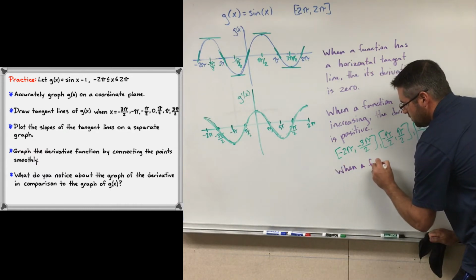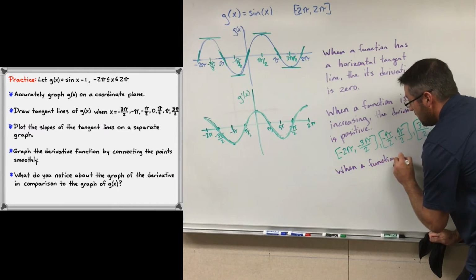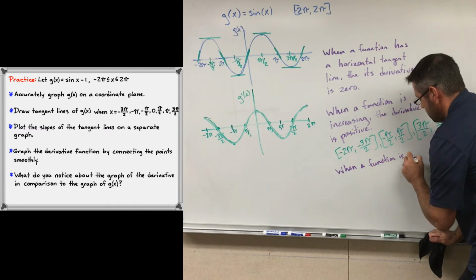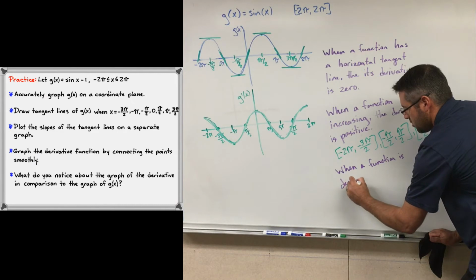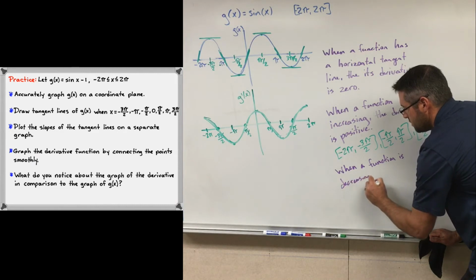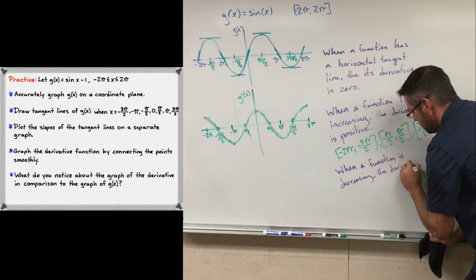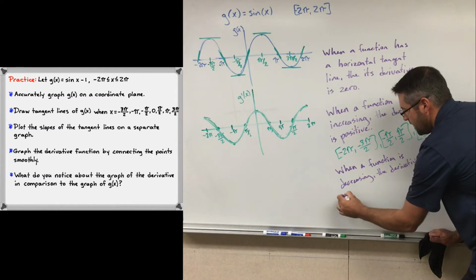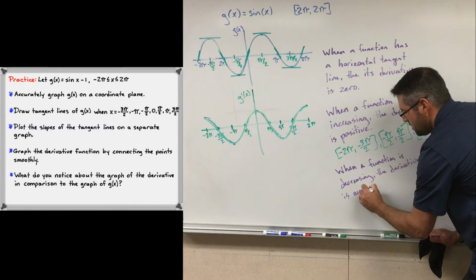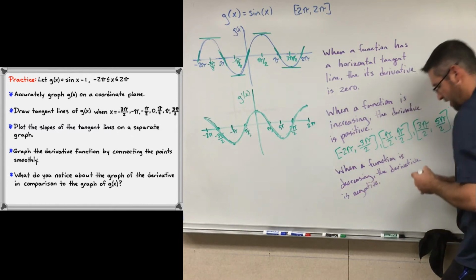When a function is decreasing, the derivative is what? Well, makes sense, is negative. Okay, and we can see that in our graph.